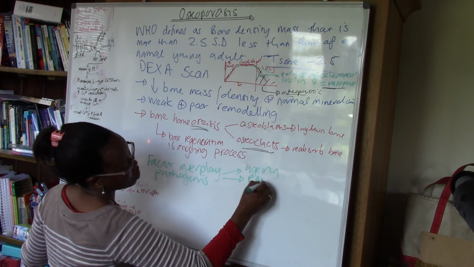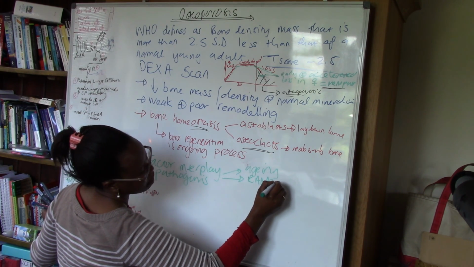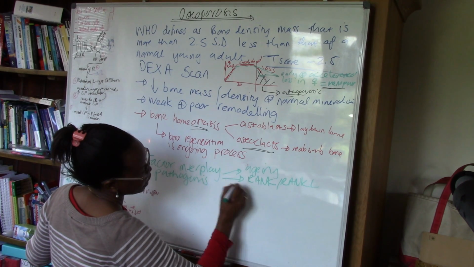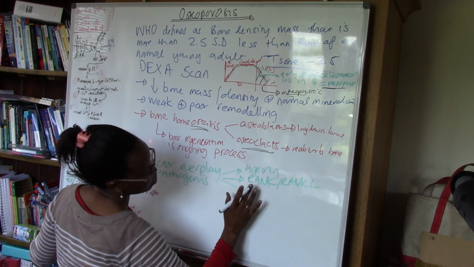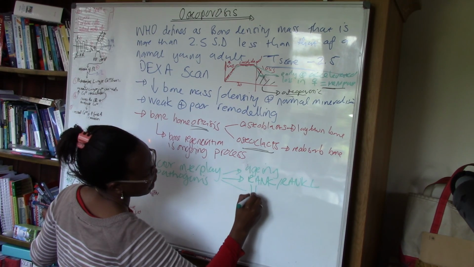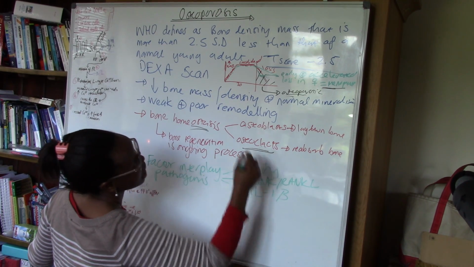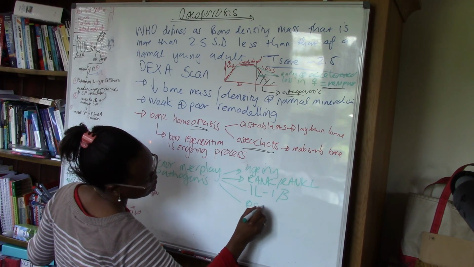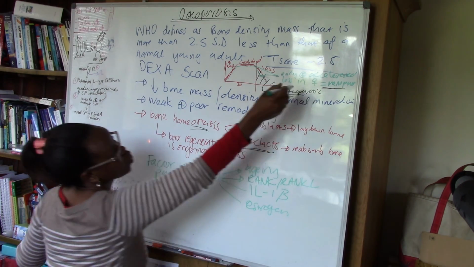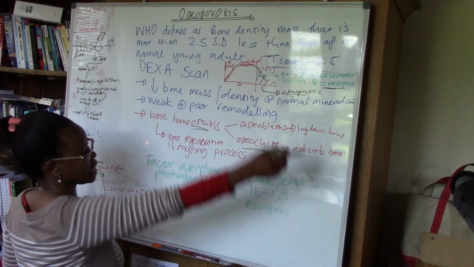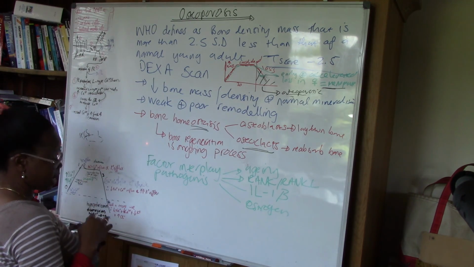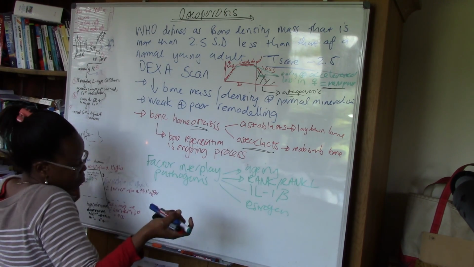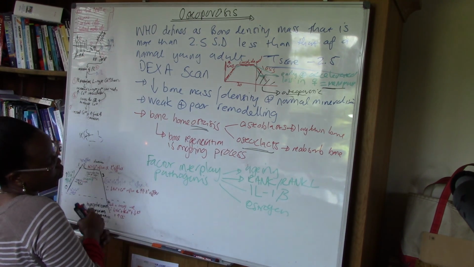And we know that osteoclasts are activated or regulated by RANK and RANKL, and TNF and IL-1 beta, and again estrogen, due to that accelerated decline in bone mass in post-menopause, when women enter menopause.